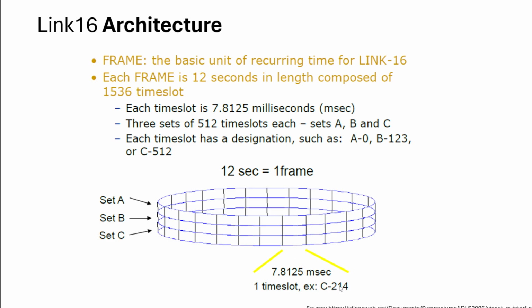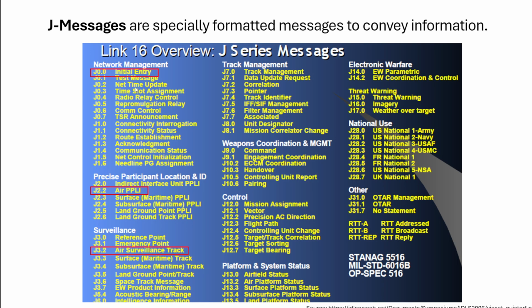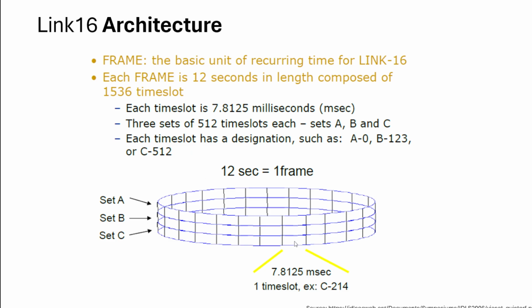They have an address, and each one of the units knows when it should transmit. How do they know that? When they enter the Link 16 network, they get all the information and synchronization required to transmit in the correct time slot.